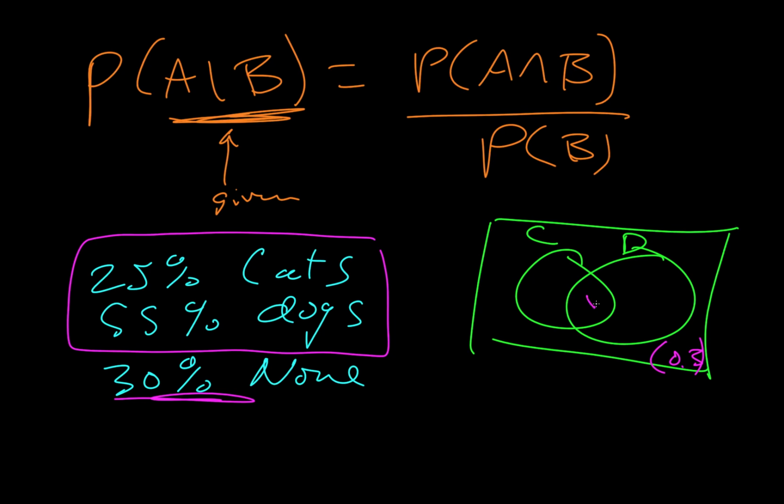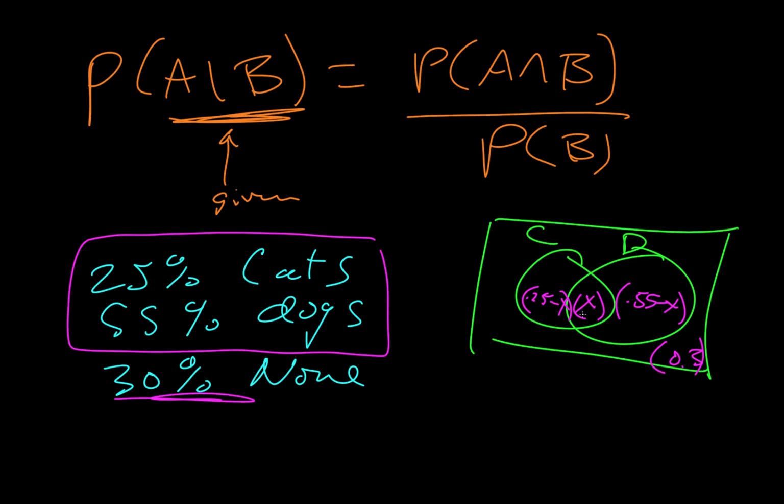And we don't know the intersection. We know that the entire circle of C would be 0.25. And so if we just want this piece, it's 0.25 minus x. And then this is similar thinking, 0.55 minus x. Okay, so that's our Venn diagram.